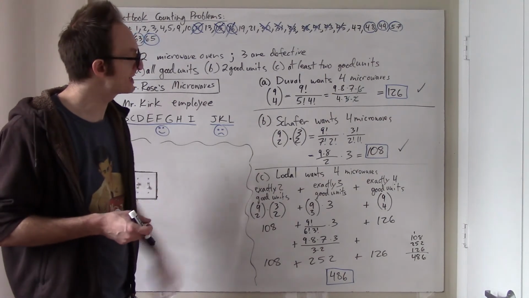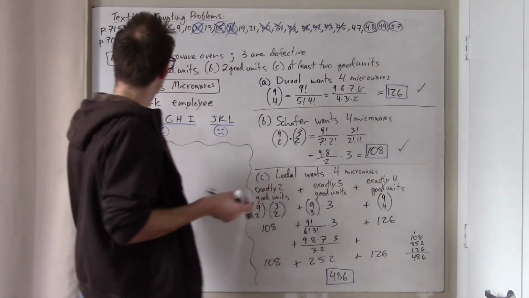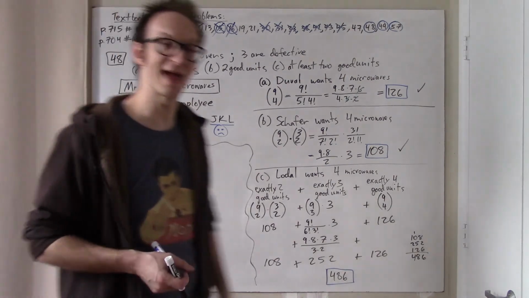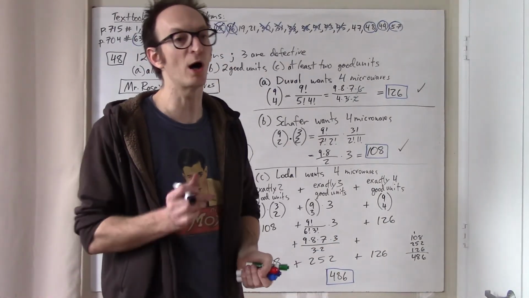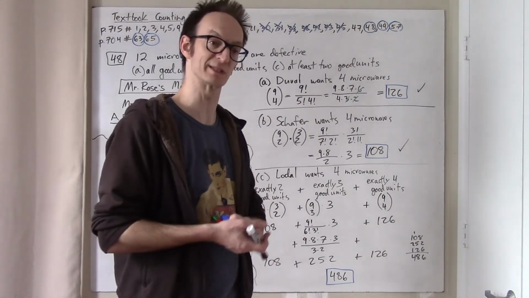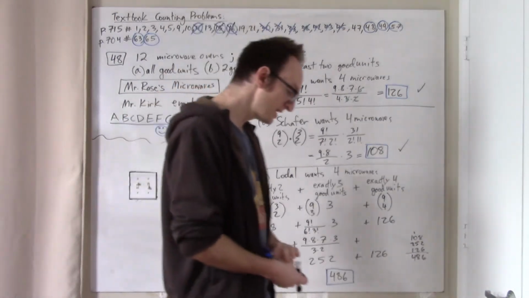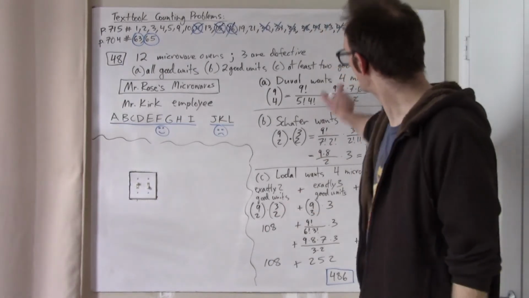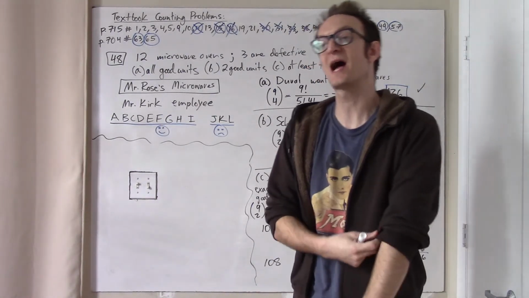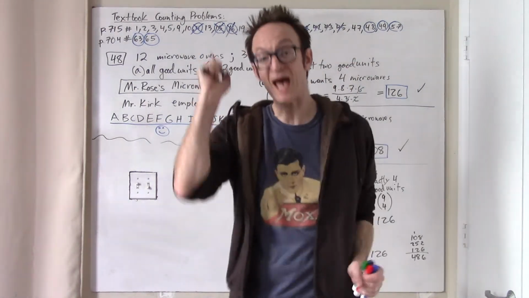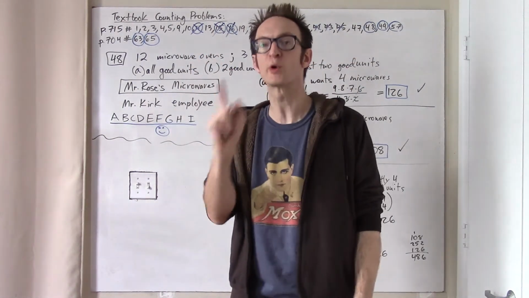Lodal calls up and says, I need 4 microwaves, and I basically tell Kirk, give this guy just whatever. The only thing you shouldn't do, Mr. Kirk, is give him all 3 of our broken microwave ovens. In other words, to give Lodal at least 2 good microwave ovens really means that I can do anything I want except give him all the broken microwave ovens.